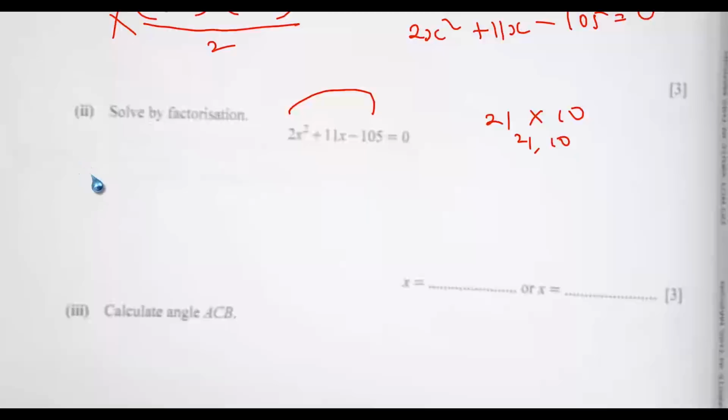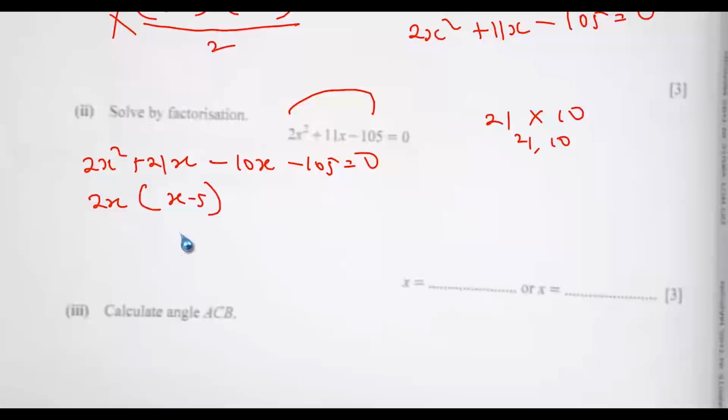This will be 2x squared plus 21x minus 10x minus 105 equals 0.